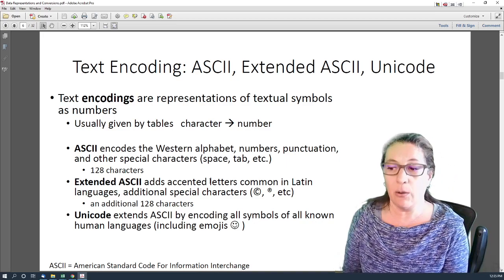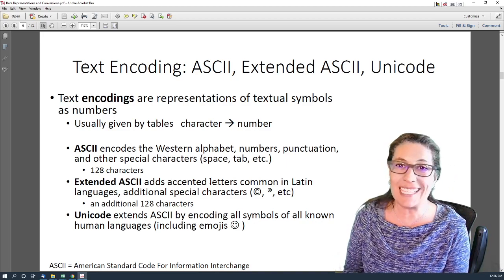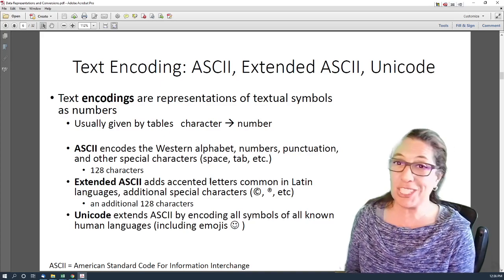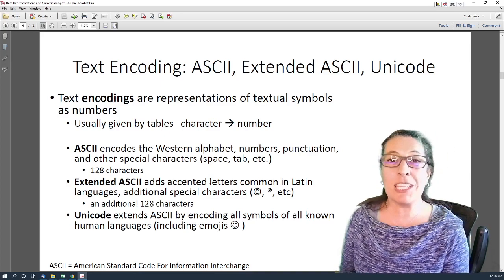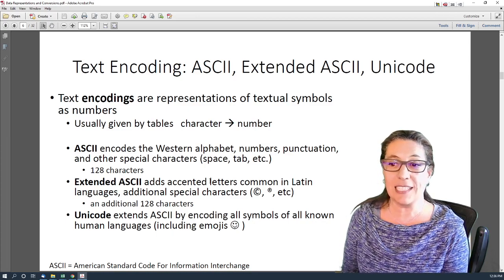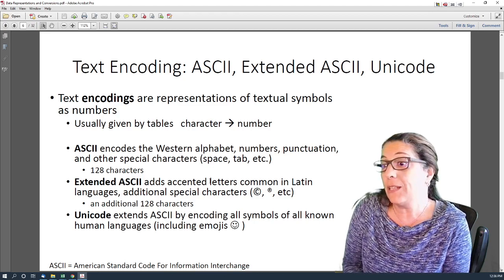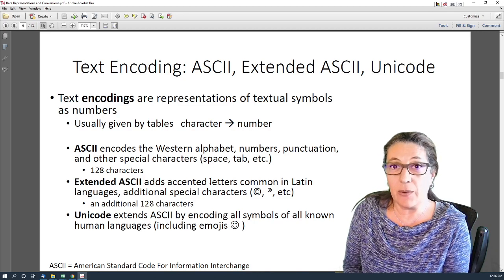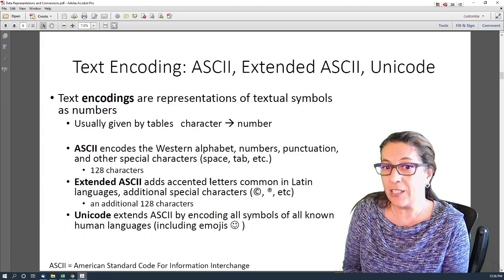Okay, so one of the most widely used encodings is what's called ASCII. ASCII stands for American Standard Code for Information Interchange, and the word American there really denotes the fact that the first real commercial computers were developed in the United States.